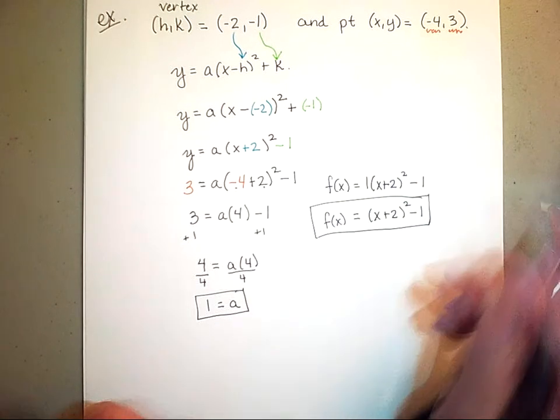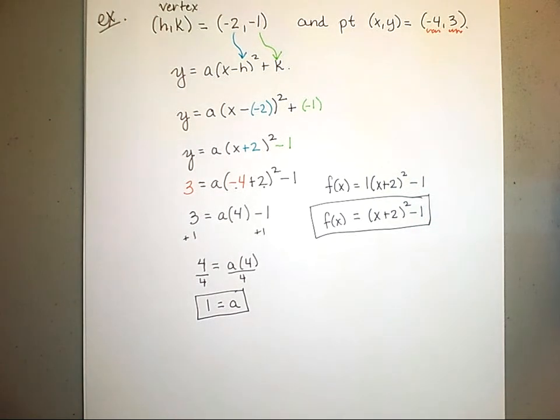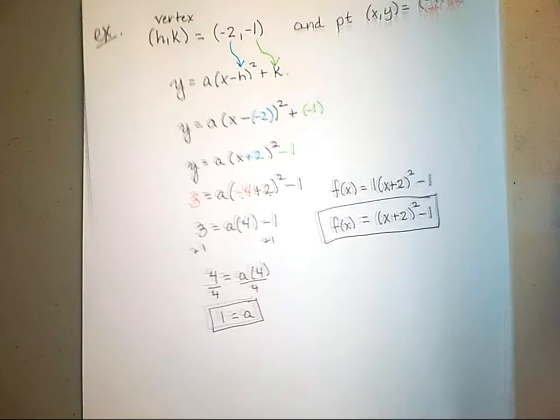Okay, because 1 times anything is itself. Okay. So that's how you find the equation.